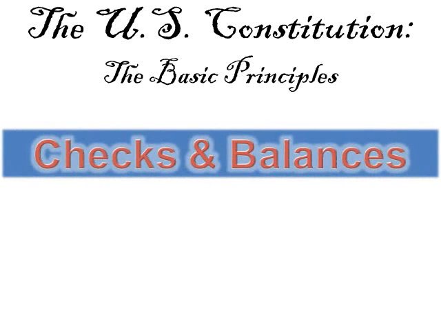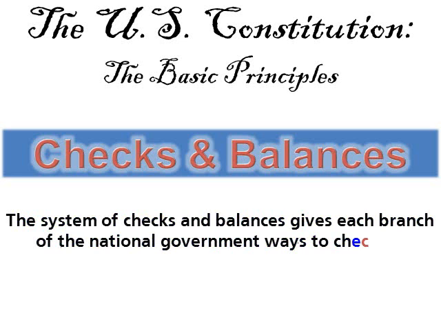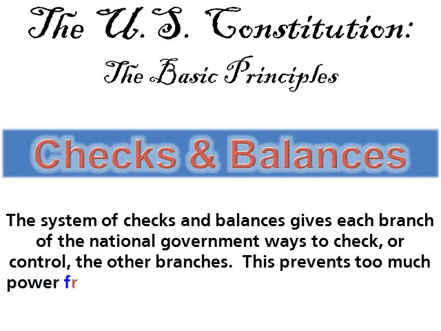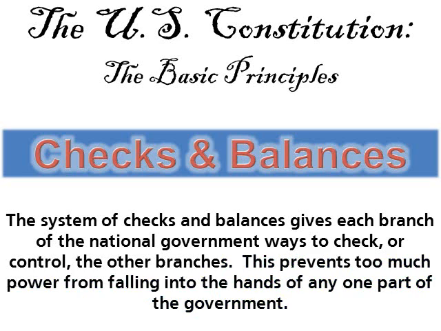Here's another simple term, checks and balances. You've probably talked about this since you were in 4th grade. Giving each branch of the government a way to check or control the other branches, preventing one branch from having too much power and kind of dictating what the other branches would do.